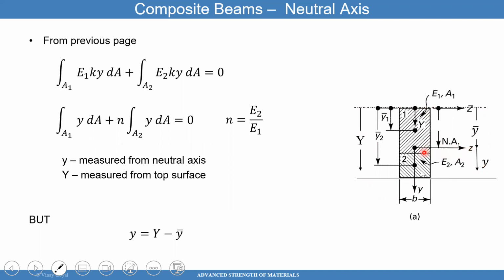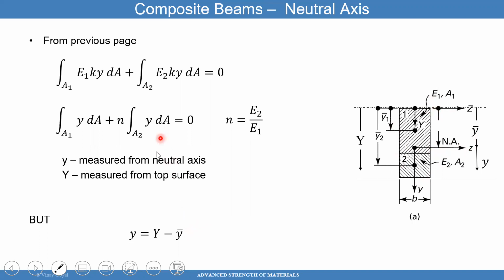And y starts at that location where the neutral axis is. And so the small y is equal to uppercase Y, which is this one here, minus Y bar, which is the location of the neutral axis of the whole thing.